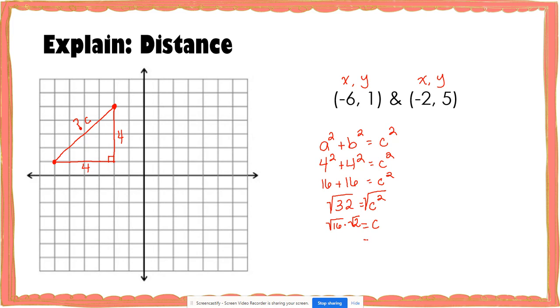The square root of 16 is 4, so this is 4 times the square root of 2. If I needed an approximate answer, I would just put the square root of 32 in my calculator, and I would get approximately 5.7.